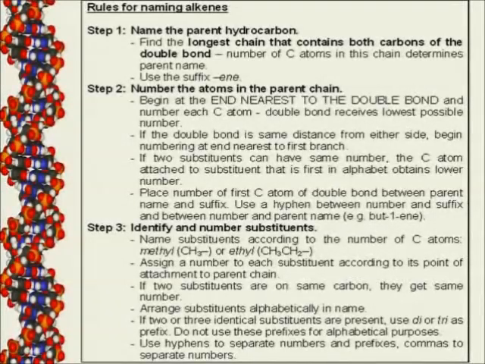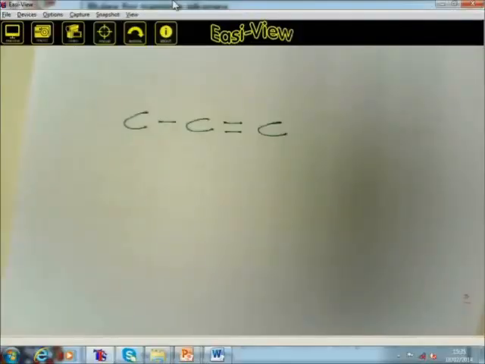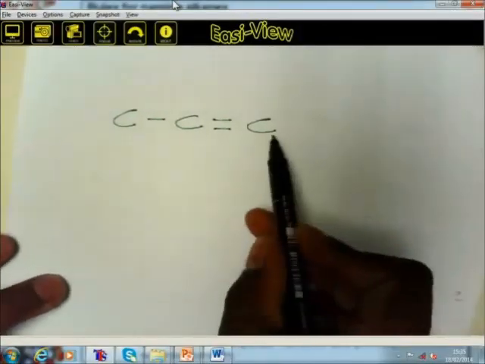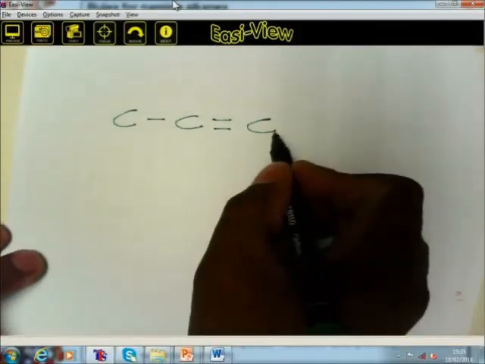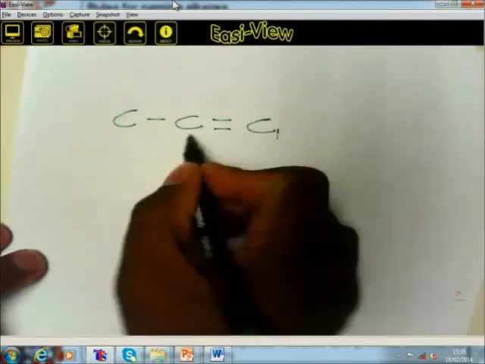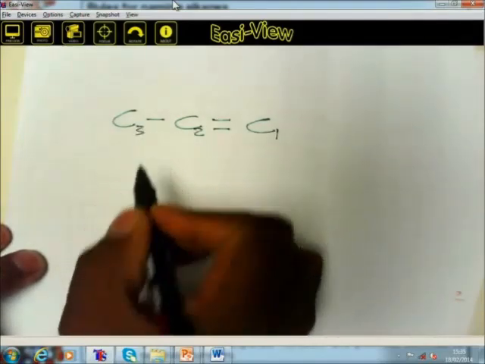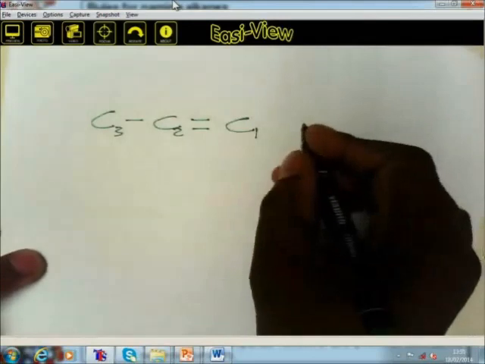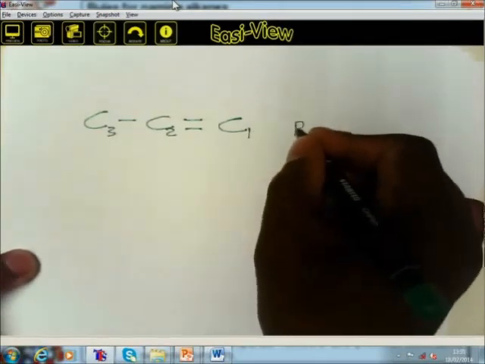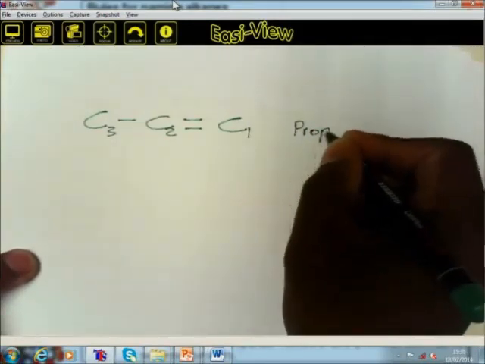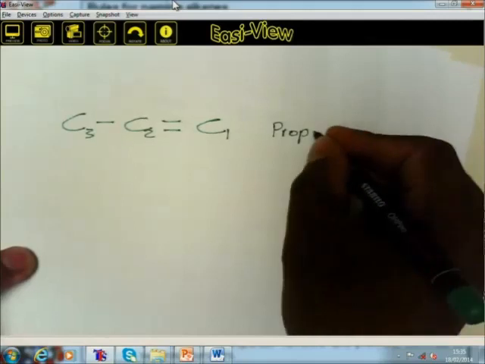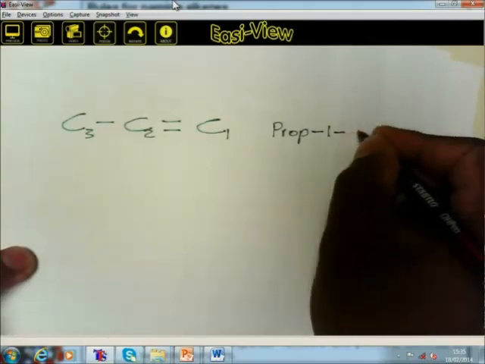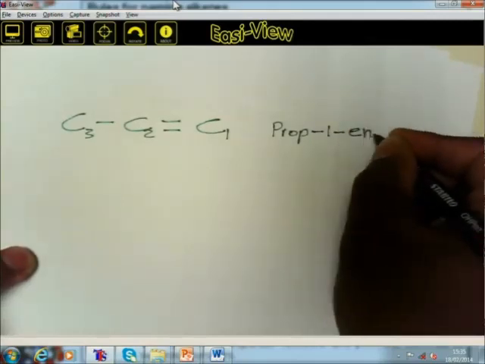So let's see this one. If I number it from this side, I'll have 1, 2, 3. So the name of this one will be prop, and after carbon number 1 I've got a double bond, which is ene.